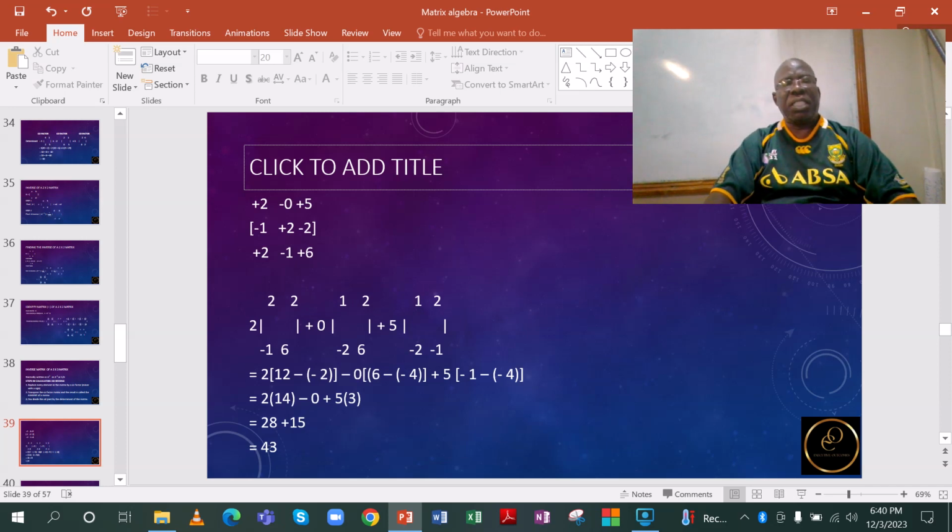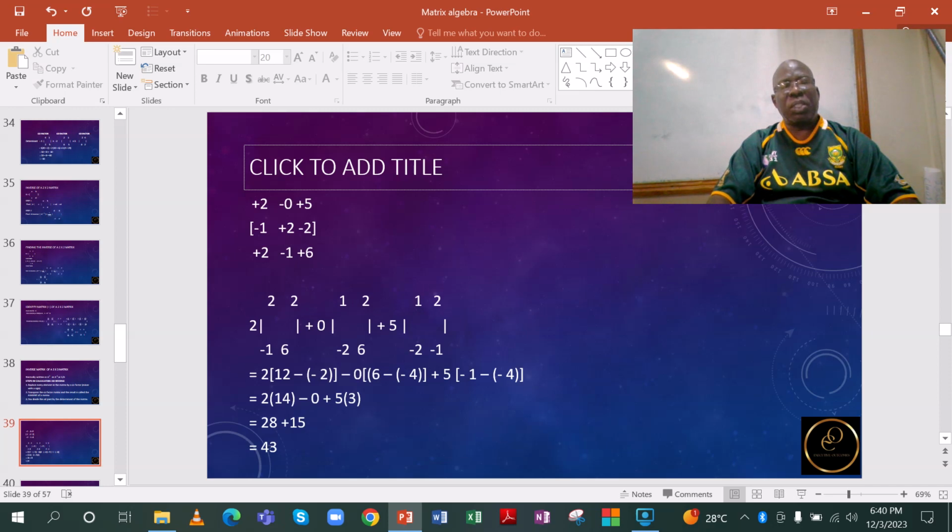We have this matrix: negative 2, positive 2, negative 0, positive 5, negative 1, positive 2, negative 2, 2, negative 1, positive 6. We now look at finding the determinant.